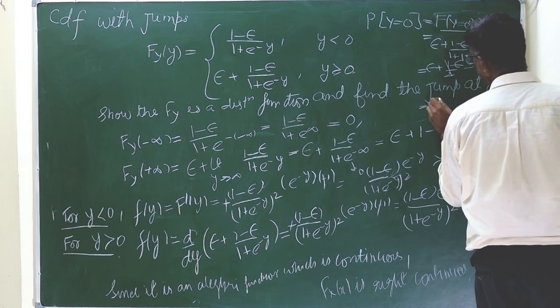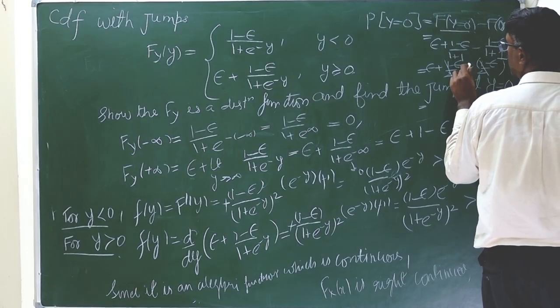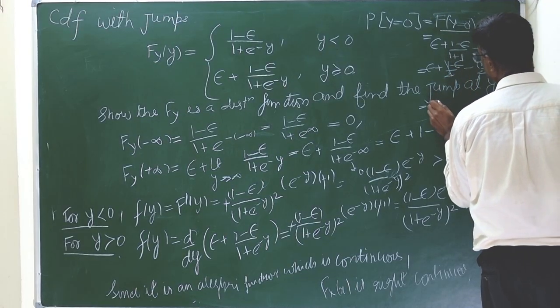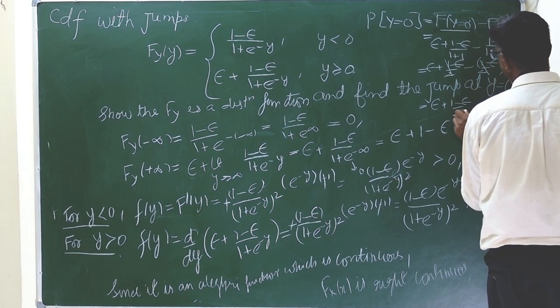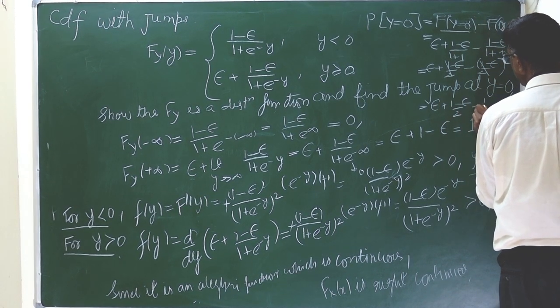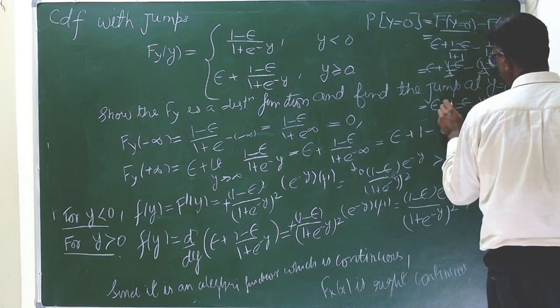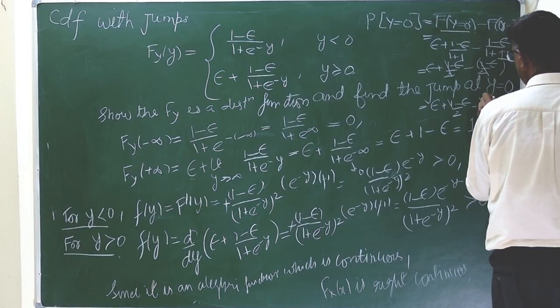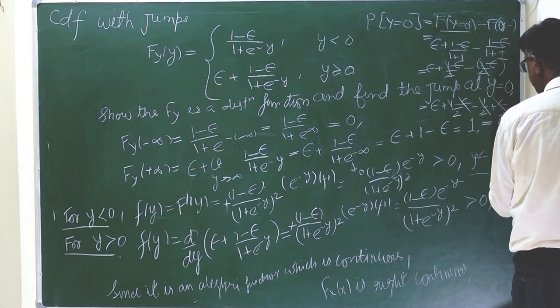So we get the jump as epsilon plus (1 minus epsilon) upon 2 minus 1 upon 2 plus epsilon upon 2. So this 1 by 2 is cancelled out, and it again comes out to be epsilon by 2 plus epsilon by 2. So the jump is equal to epsilon.